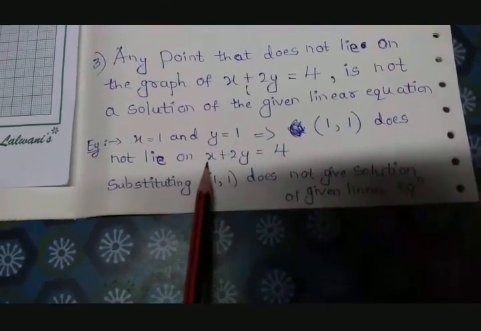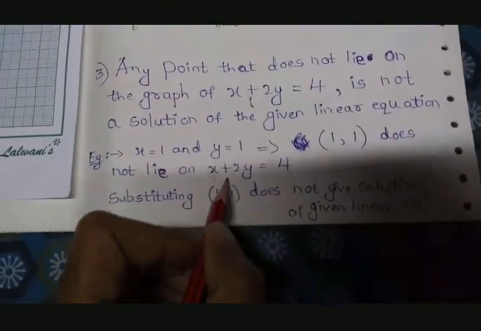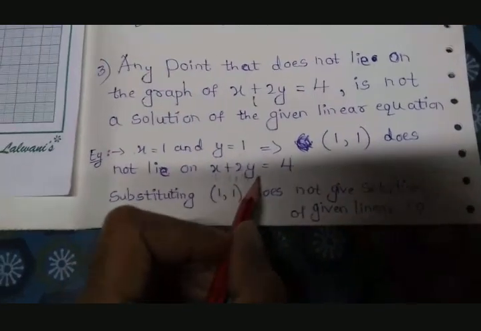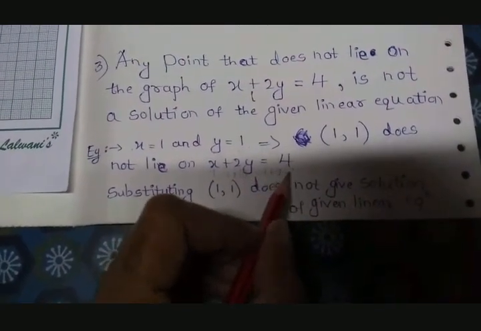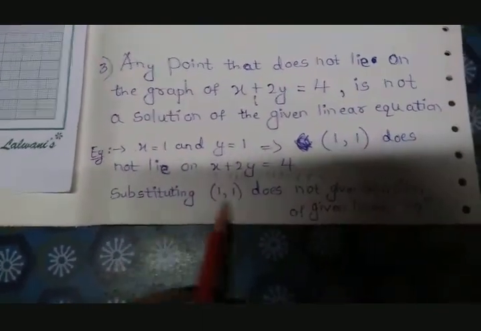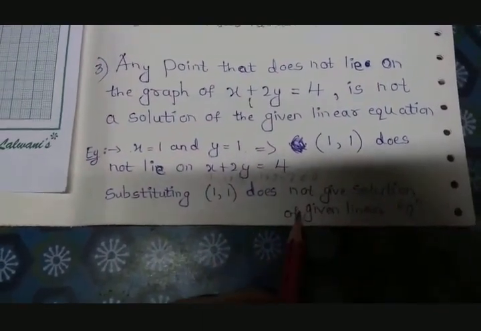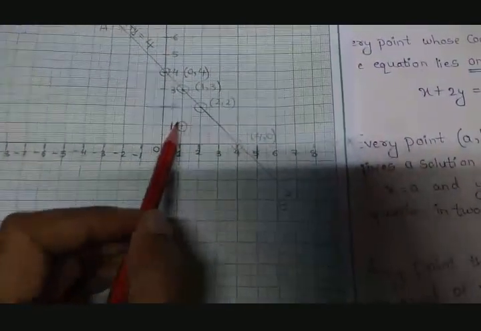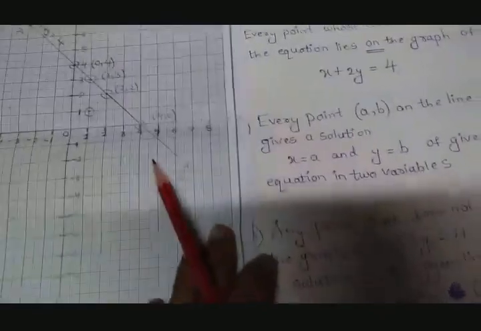If you substitute x equals 1, you will be getting 1 plus 2 into 1. That is nothing but 1 plus 2, which equals 3. And 3 is not equal to 4. Hence substituting (1, 1) does not give the solution of the linear equation in two variables, in this particular case x plus 2y equals 4.